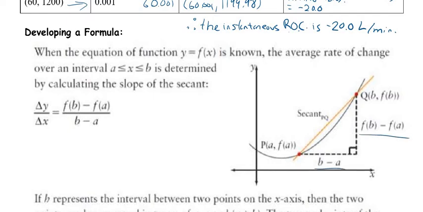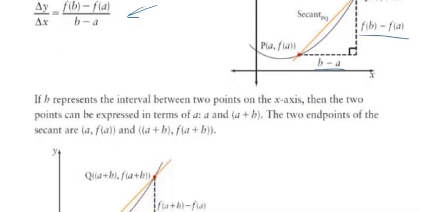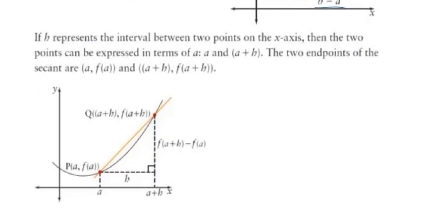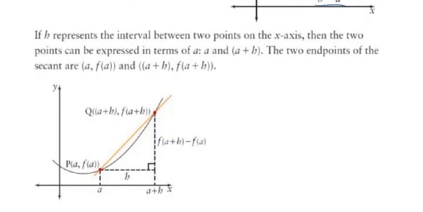The difference in the x's is b minus a, which we're representing in this formula up top. But we said that having the time interval is important because if we can control that, we can control how accurate our solution is going to be.